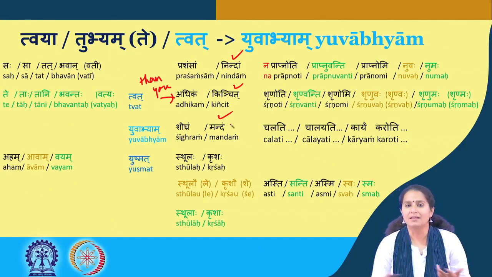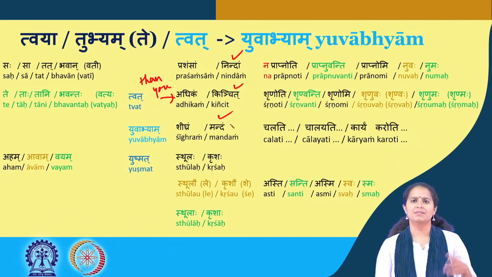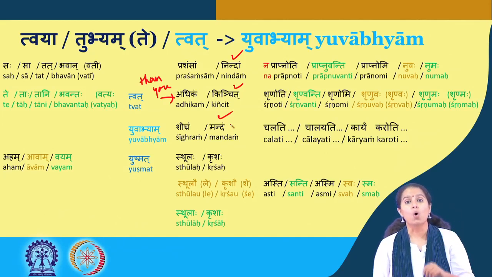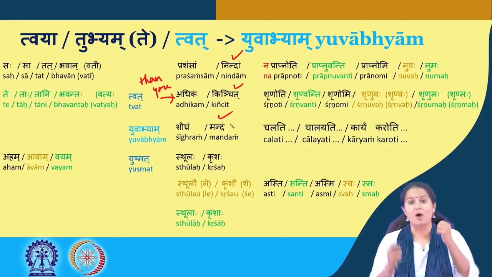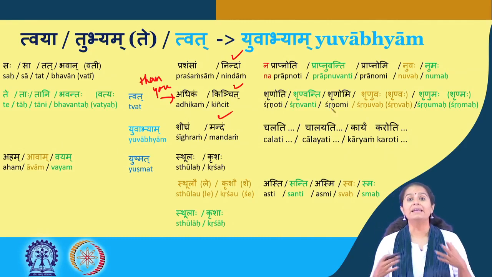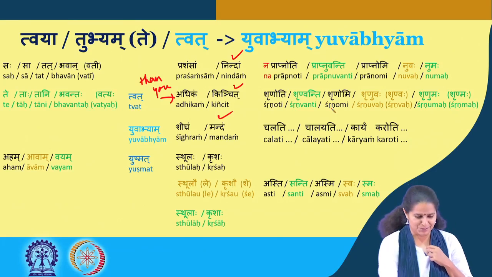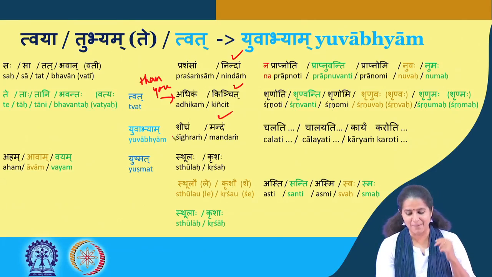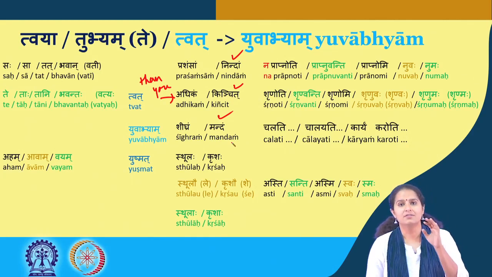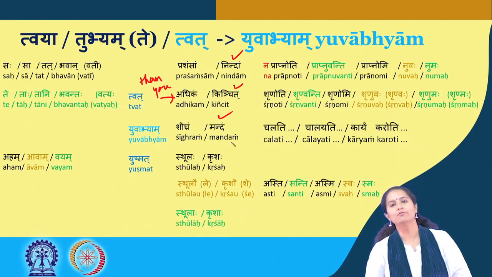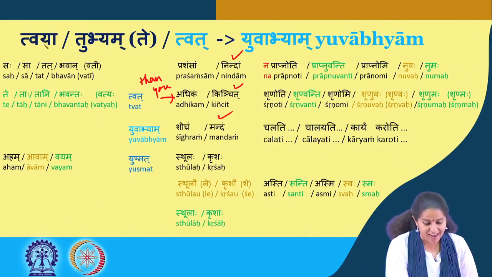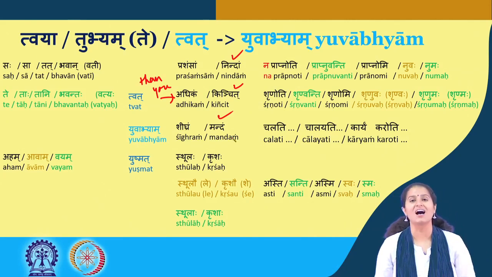Now I'll give you an exercise here. How would you say that he walks or he drives, which is chalayati, he drives slower than the two of you? Uttamam. Saha yuvabhyam mandam chalayati. How would you say she drives slower than the two of you? Sa yuvabhyam mandam chalayati.